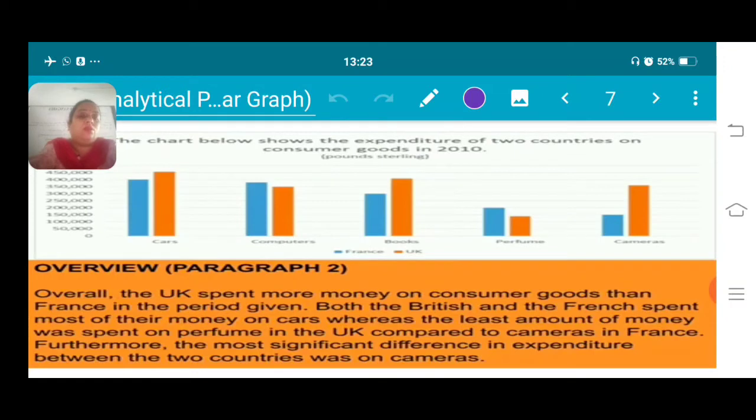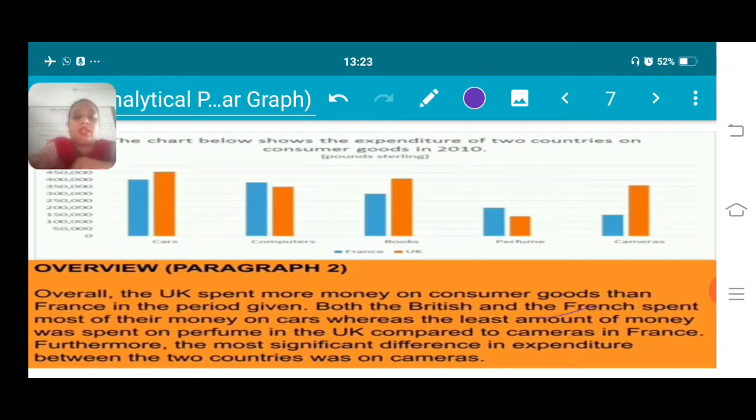France and French, people who live in France, those are called French, and people who live in the UK, the British. Don't get confused here. With France we will not use the, but with French we will use the.